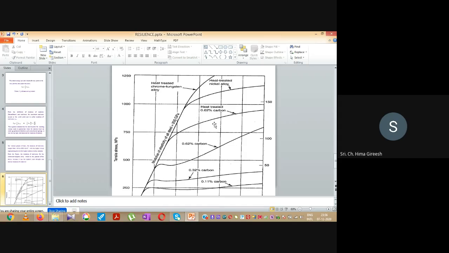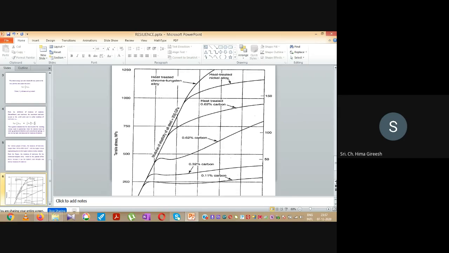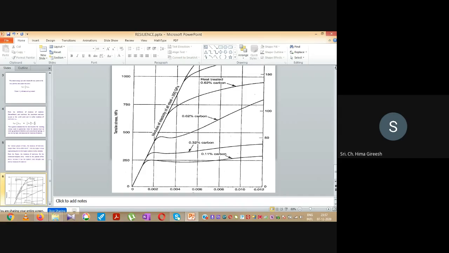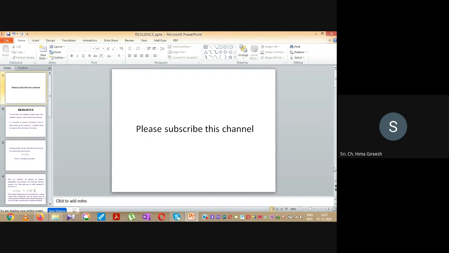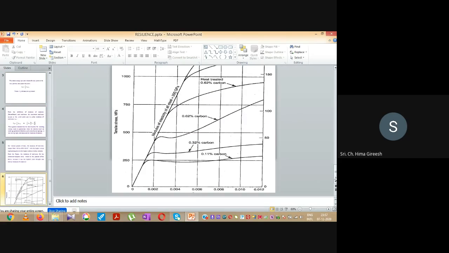From these two graphs, this is 0.62 percent carbon steel with heat treatment, and this is only steel with 0.62 percent carbon. When heat treated, it has a maximum yield stress, without heat treatment it is lower. And as the percentage of carbon increases, the yield stress increases, and as it decreases, the yield stress decreases. The material which has the higher yield stress has the higher modulus of resilience. This is the point I want to discuss in this video.